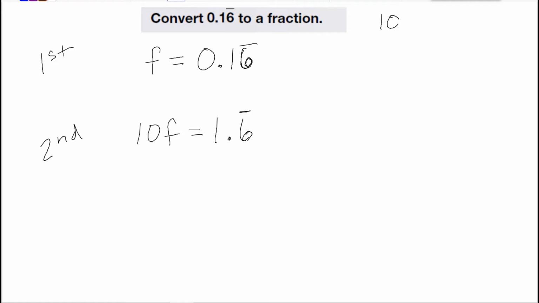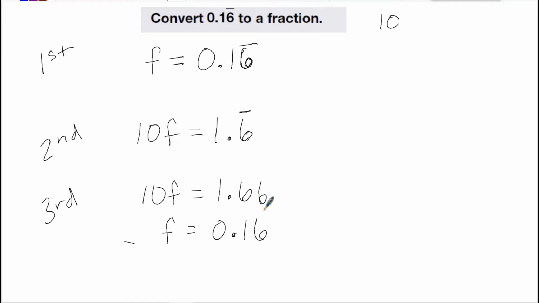Then my third equation is I'm going to subtract these two equations. So I end up with 10f equals 1.6, and I'm going to minus f equals 0.6. Oh, sorry, 0.16. There we go.